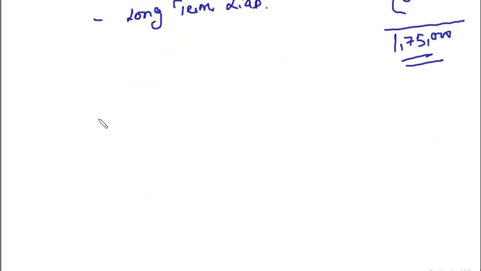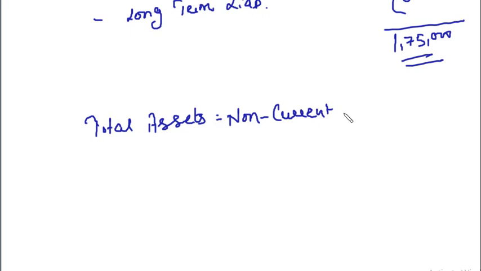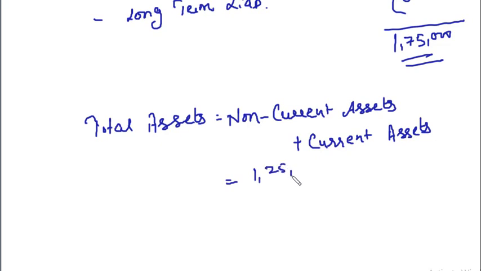Now, what about the total assets? Second component. Total assets means non-current assets plus current assets. So you have non-current assets of 1,25,000 and you have current assets of 1,25,000. So the total assets are 2,50,000.